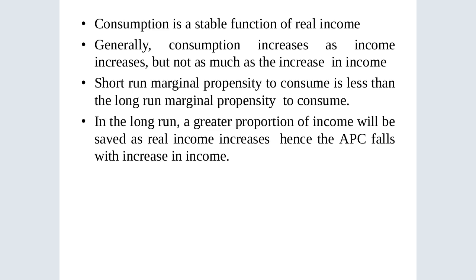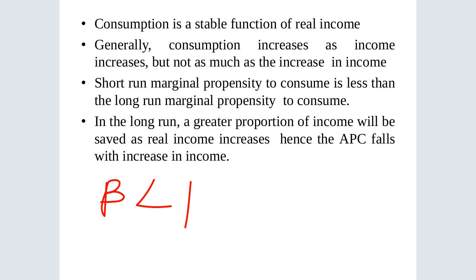So consumption increases as income increases, but not as much as the increase in income. So you need to look at the beta that we discussed. Beta is less than 1, which implies that consumption increases less than proportionately to an increase in income.